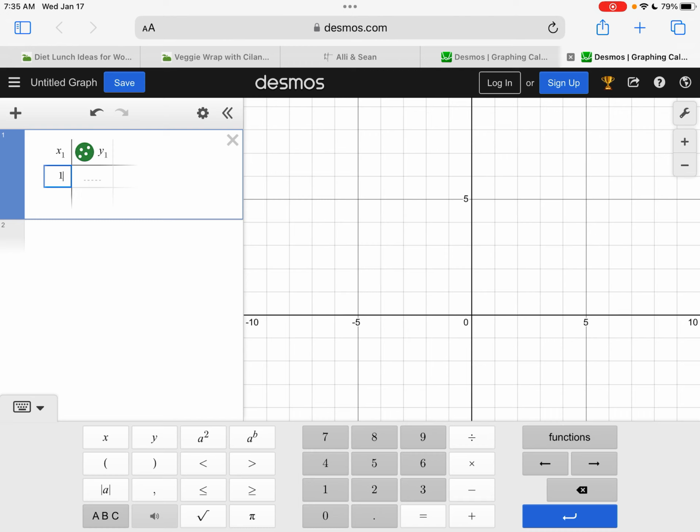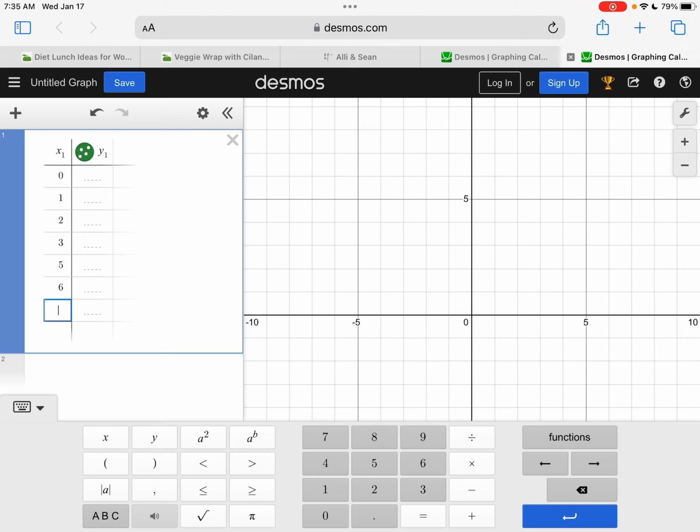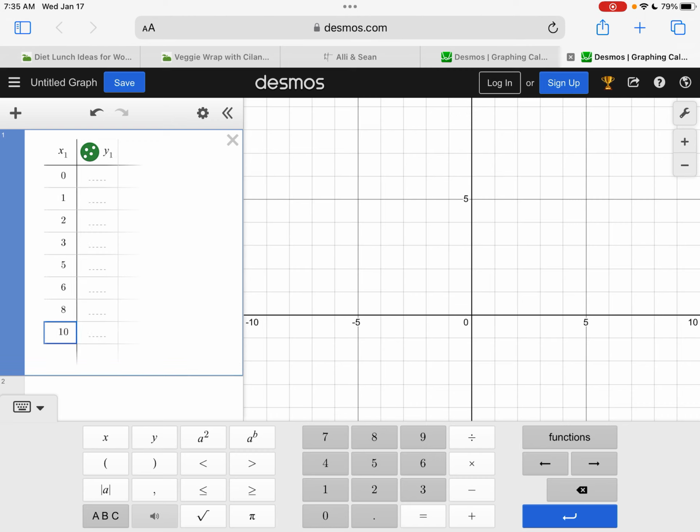So we have 0, 1, 2, 3, 5, 6, 8, 10. And then for the y values, 5.2, 4.5, 4.1, 3.9, 4.1, 4.4, 5.7, and 7.5.